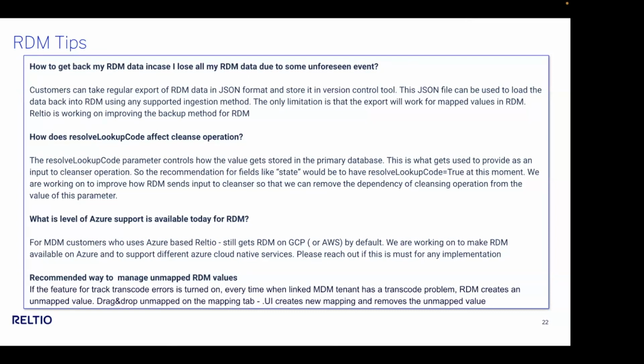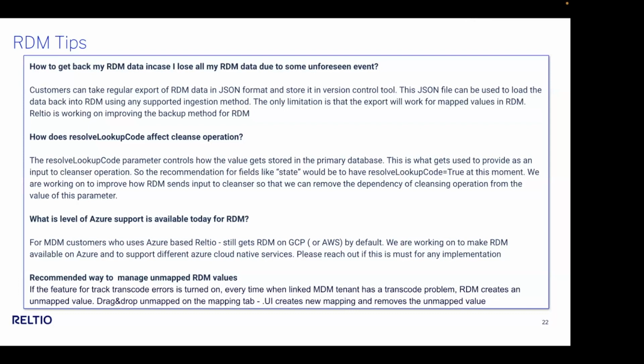How does resolve lookup code affect the cleanse operation? I have already discussed it. Again, it's something we are improving. We have a couple of complaints about it. Our recommendation is that for a state that has a cleanse in it, used as cleanse input or match input, set resolve lookup code equal to true. But if someone has started with resolve lookup code false, which is the default, and the customer might not know at the initial stages, that becomes a pain point.